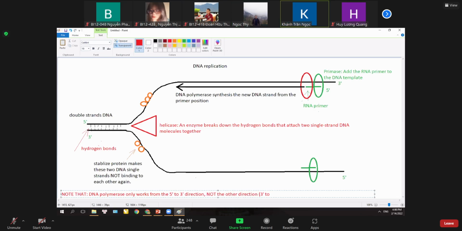So the polymerase slides from the 3' to 5' and synthesizes from 5' to 3'. Is that right? Yeah.